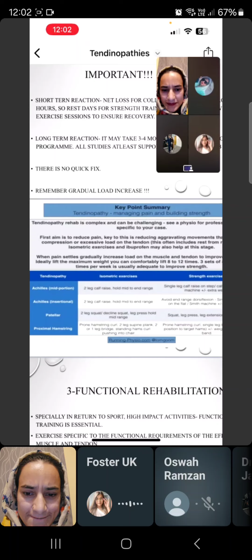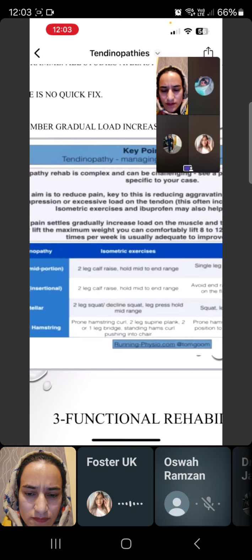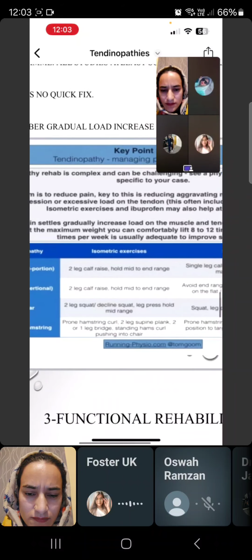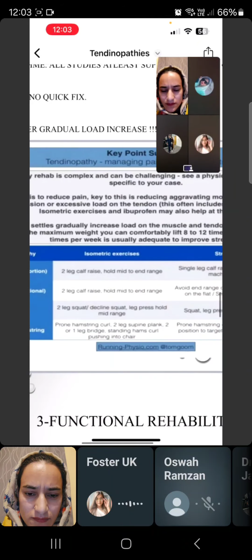Patellar tendinopathy: two-leg squats, decline squat, leg presses, hold mid range. As you've seen, isometrics will all be in mid range. For proximal hamstring, prone ham curl, of course in mid range again. One-leg bridge you can introduce, standing ham curls pushing into a chair. So these are all isometric trainings.